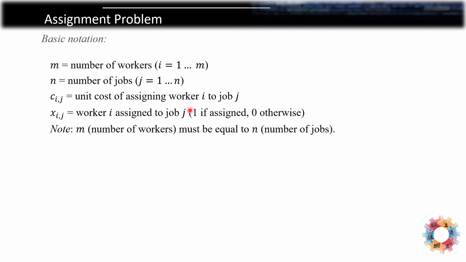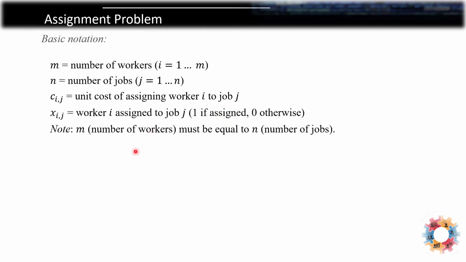The decision variables can assume only either 1 or 0. 1 if a particular worker I is assigned to job J, while 0 if worker I is not assigned to that job.